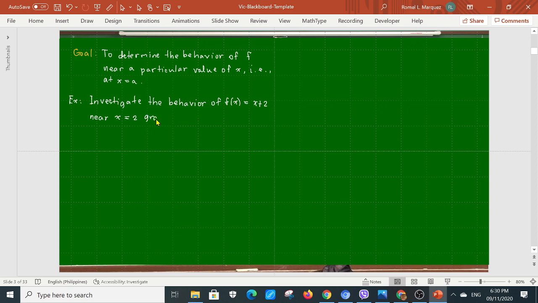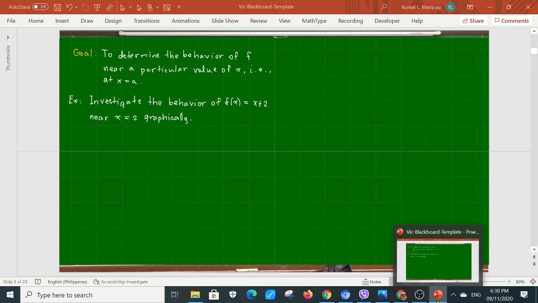I want it graphically, because it's also possible to examine the behavior numerically later. You will see how. The numerical and the graphical will lead us to the formal definition of limit.